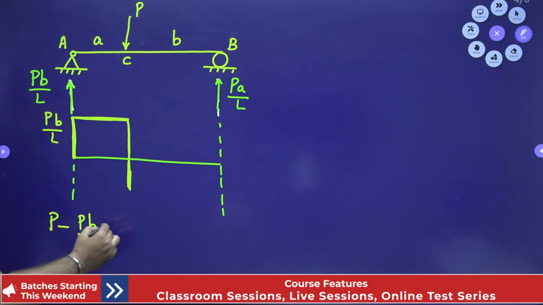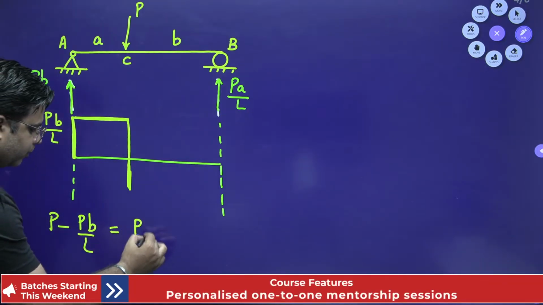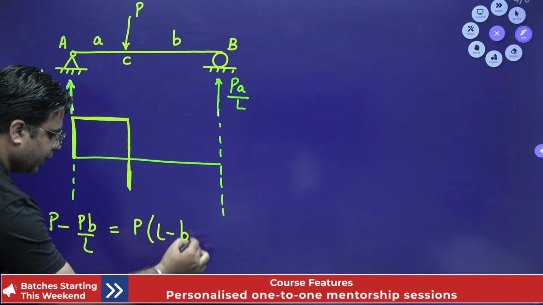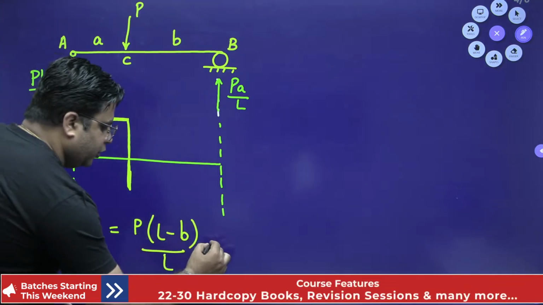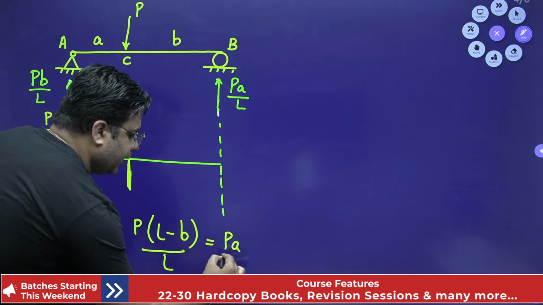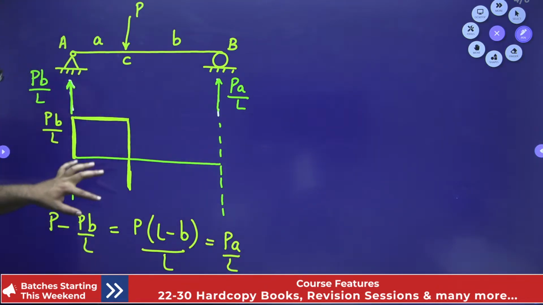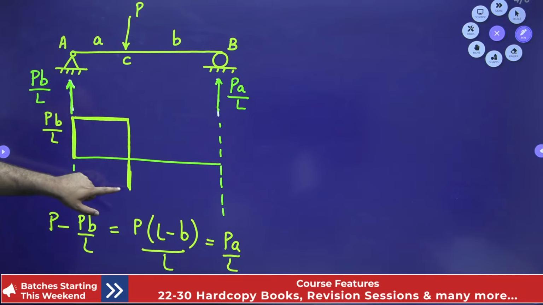So when you do this, you will find P into L minus B by L. And L minus B is nothing but A. So you have PA by L. So this lower part is PA by L. So this point is minus PA by L.